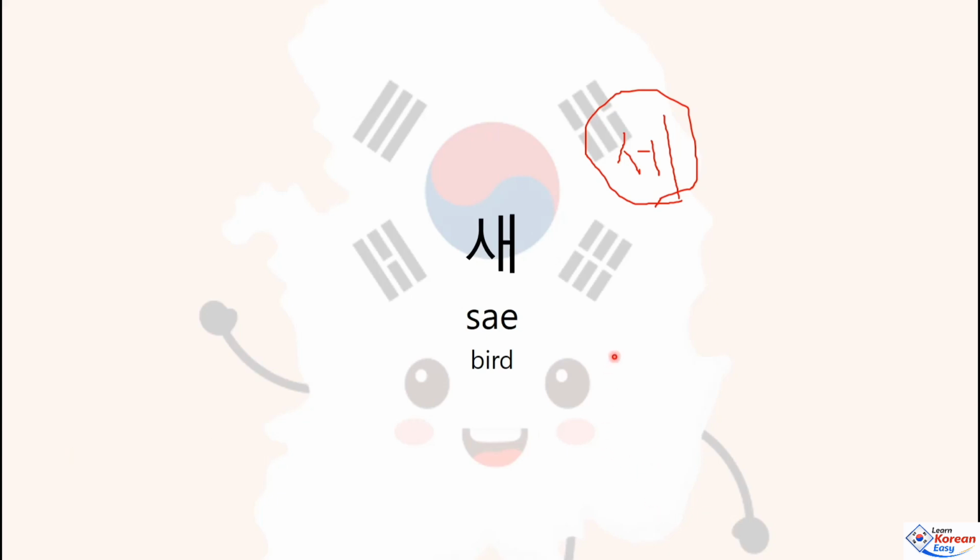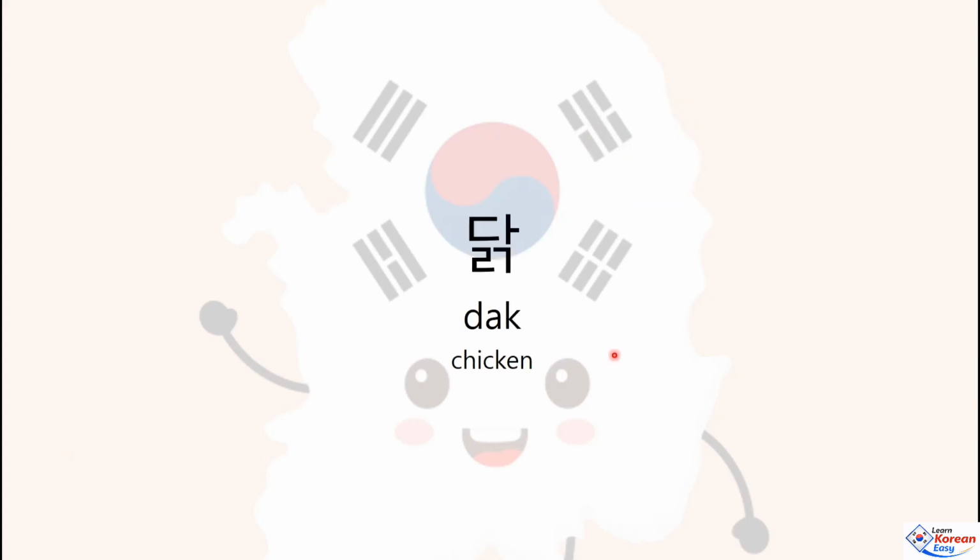Okay, next one, chicken. So chicken is 닭. Again, a complex final consonant appeared. So when there's a 리을 and 기역, don't panic.